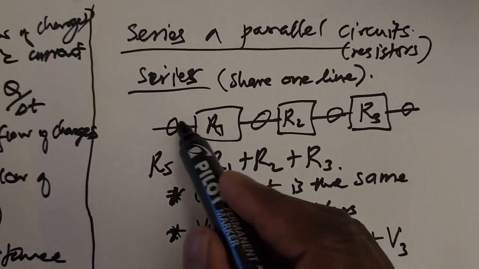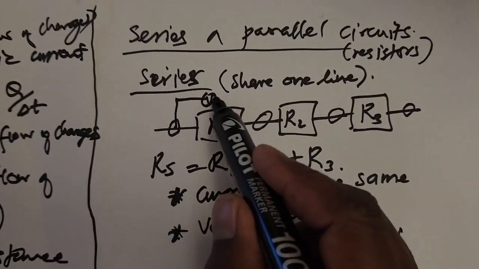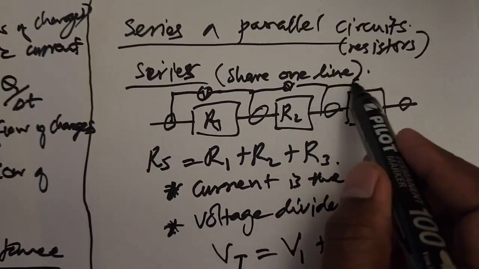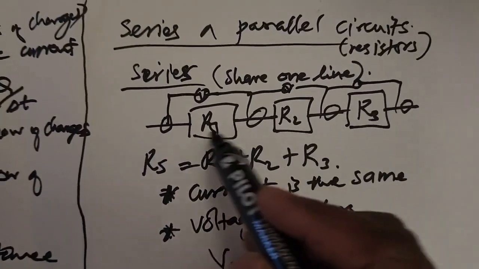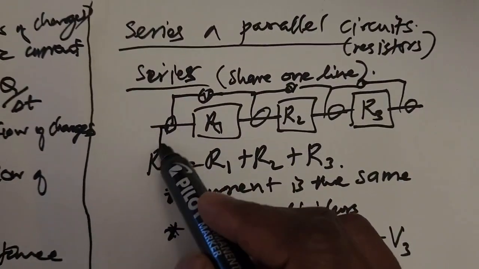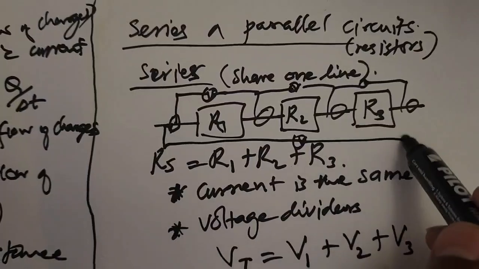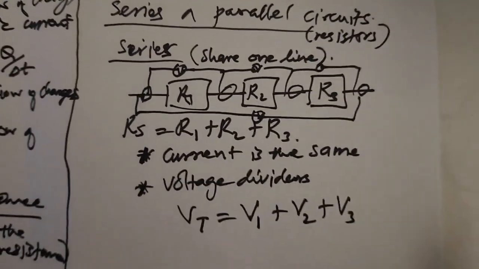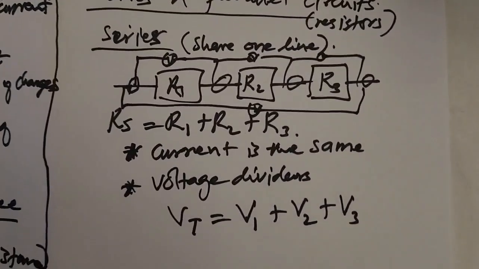If I connect a voltmeter here, call it V1, another here, V2, and another here, V3, then if I connect the main voltmeter from here to here, its reading will be the sum of these 3. That's how we say they are dividing the voltage.